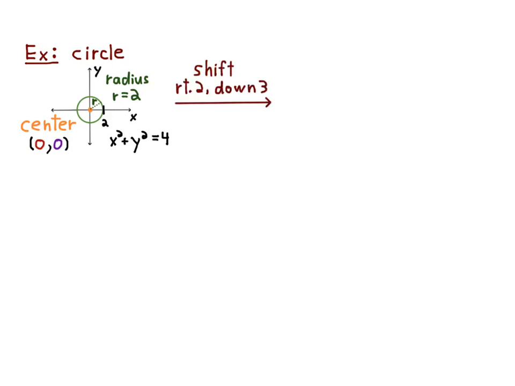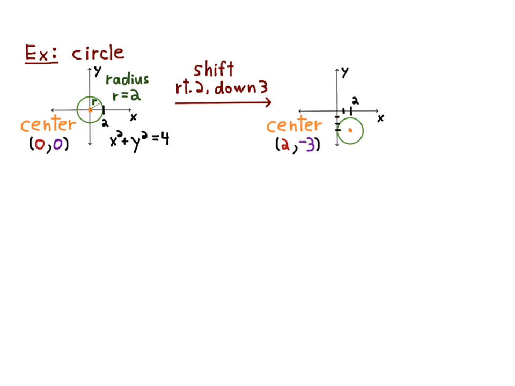Now, you're going to be asked, for example, to shift this graph to the right by 2 and down 3 and give the formula for the new circle. Doing that graphically is pretty easy.